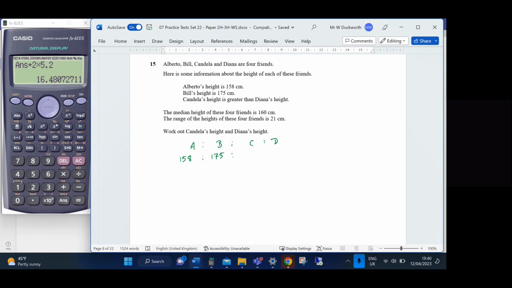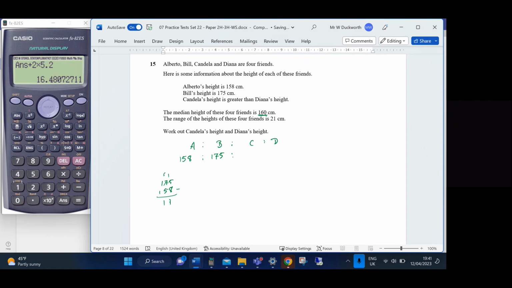Okay, so if we've got 4 friends and the median height is 160, we're told that C is greater than D. If I look at the range currently, the range of these 2 people is going to be 175 minus 158, which is 17.